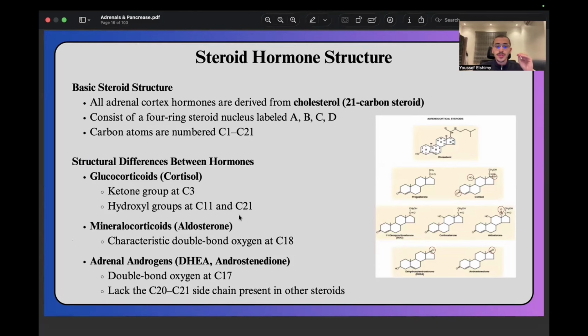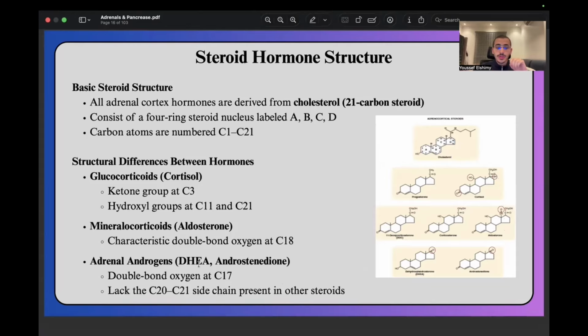For glucocorticoids, mainly cortisol, as you can see, it has a ketone group at C3, and it has hydroxyl groups at C11 and C21. And that is what makes the steroid hormone cortisol, a glucocorticoid. For mineralocorticoids or aldosterone, it has a characteristic aldehyde group at C18. So having this group at C18 makes the steroid hormone a mineralocorticoid, aldosterone.